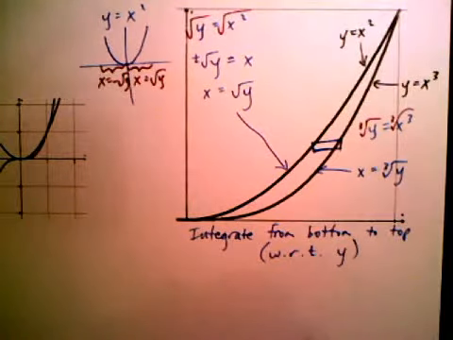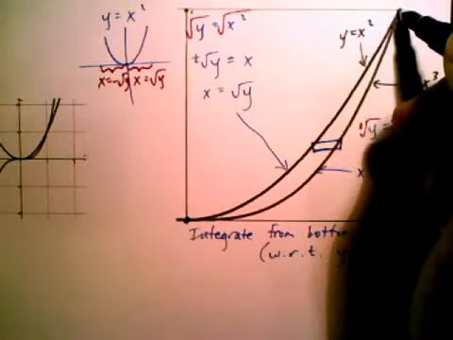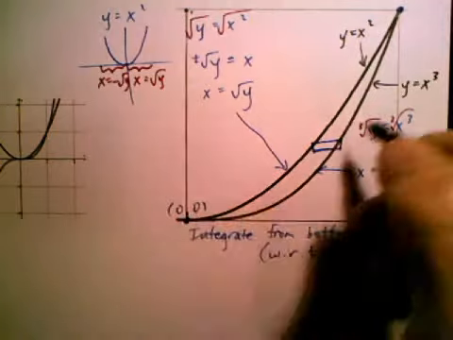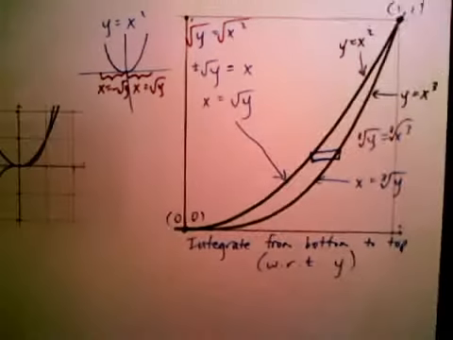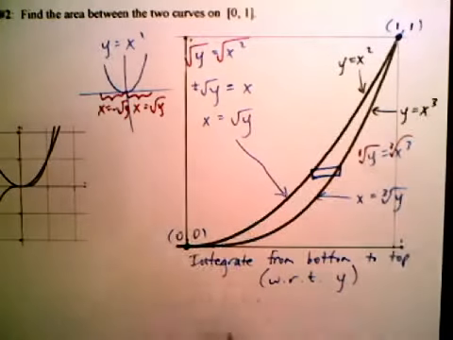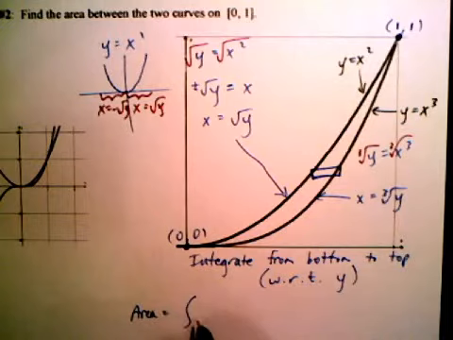And actually, these coordinates, the boundaries of our region, we've got 0, 0, and we've got 1, 1. Well, the x's and the y's are exactly the same. So the integral, the area, then is still from 0 to 1.